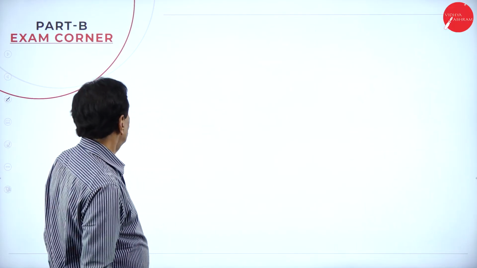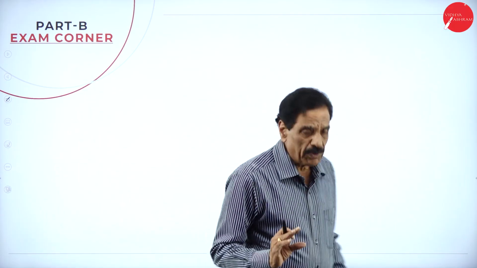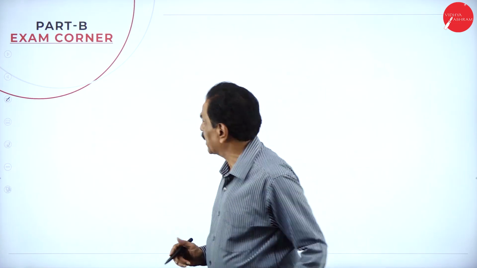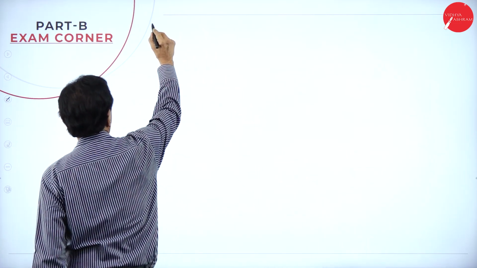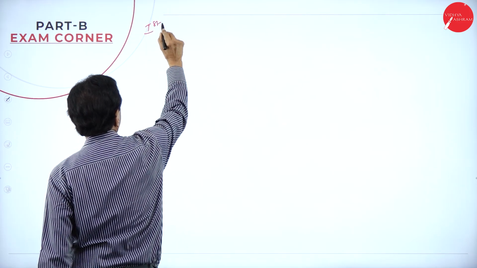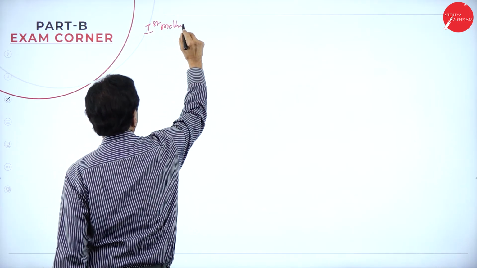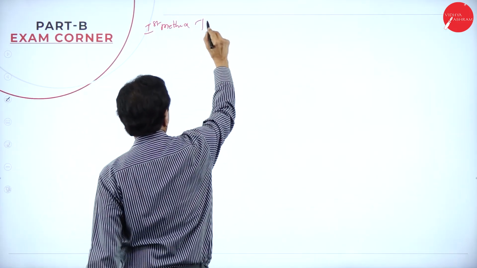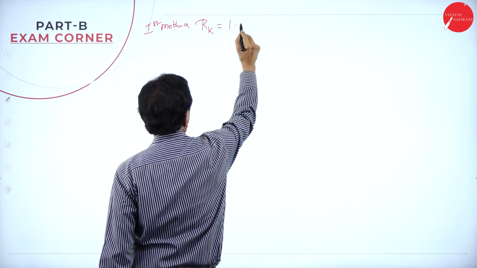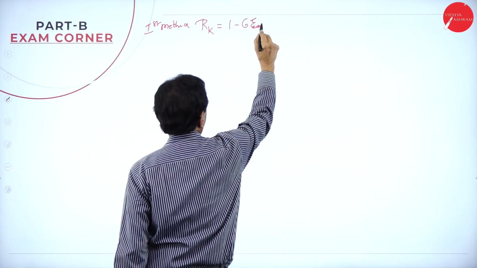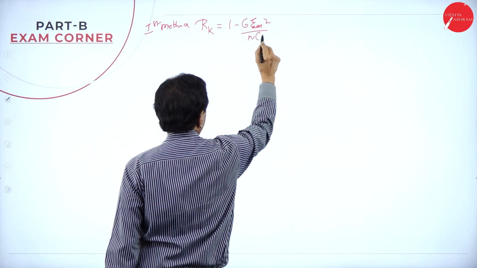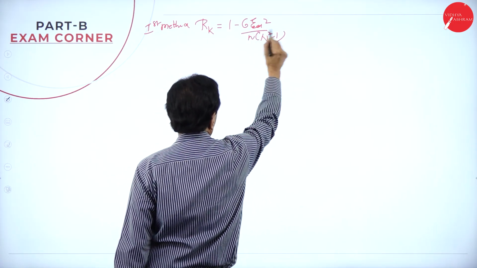Now here is the rank correlation, first method: Rk is equal to 1 minus 6 sigma d square divided by n into n square minus 1. This is one formula.